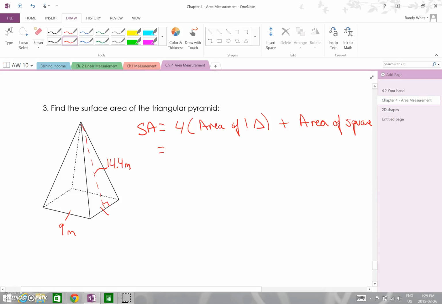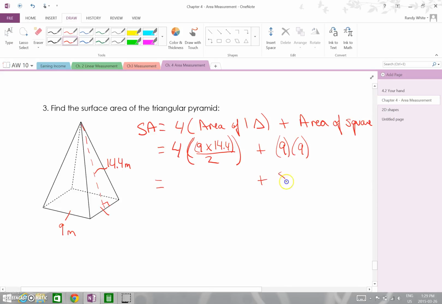So there's 4 sides, so I'm going to take that, multiply that by 4. So to find the area of the triangle, it's going to be base, which is 9, times the height, which is 14.4, and I'm going to divide that by 2. Plus the area of the bottom, which is going to be length times width, which is 9 times 9.